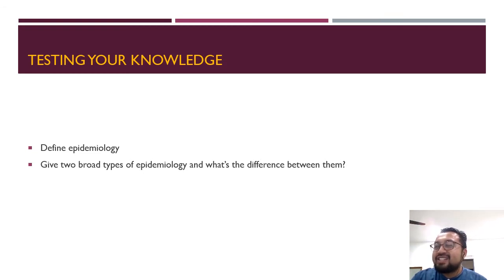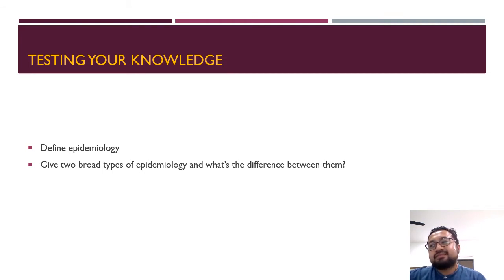Give two broad types of epidemiology and what's the difference between them. Tadi I dah explain, ada broad types of epidemiology kita boleh bahagikan kepada dua. I give you hint, dua. What are two broad types of epidemiology?